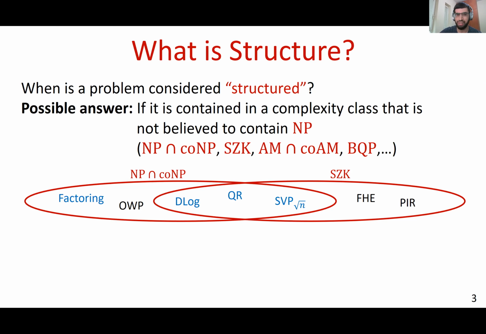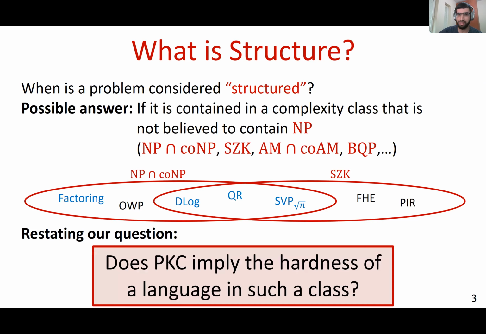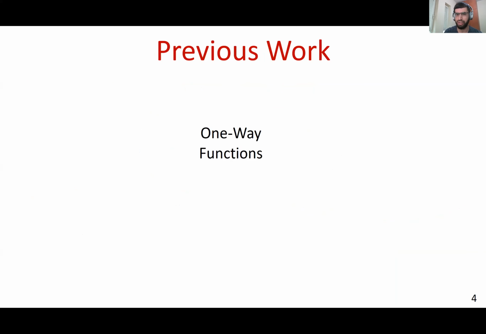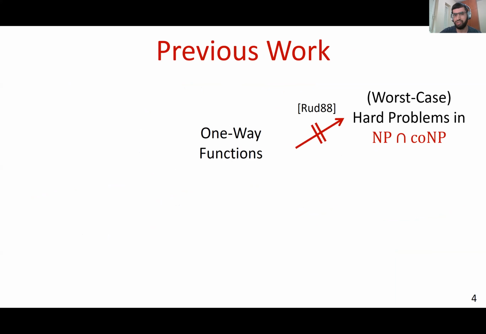And here you can see several hardness assumptions and primitives that belong to these classes. So restating our question, does public key cryptography imply the hardness of a language in such a class? So already in '88, Rudich showed that one-way functions do not imply the existence of a hard problem in NP intersect coNP in a black box way.